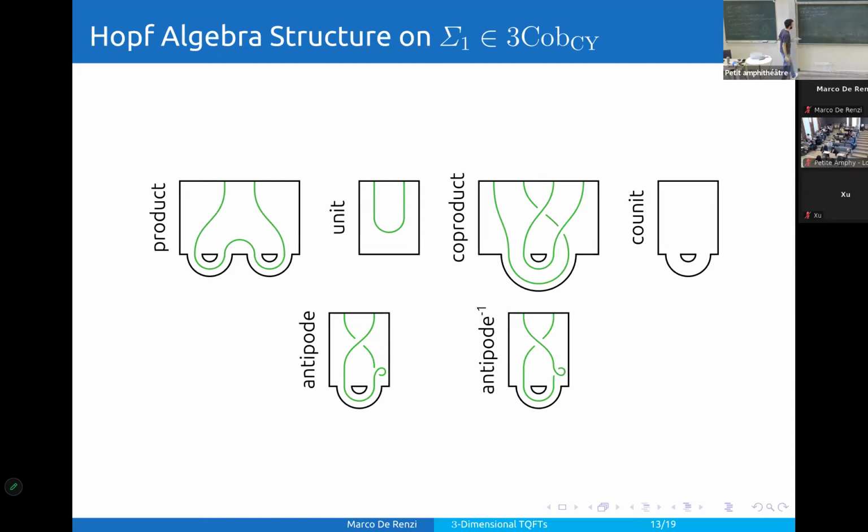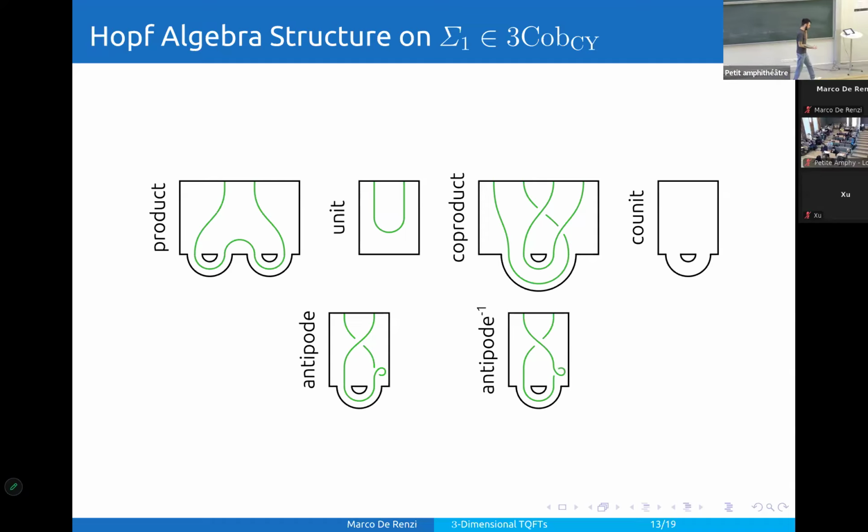Of some complex Lie algebra g at a root of unity, at a suitable root of unity, zeta. For instance, the simplest example you can keep in mind is quantum SL2, if you know it.